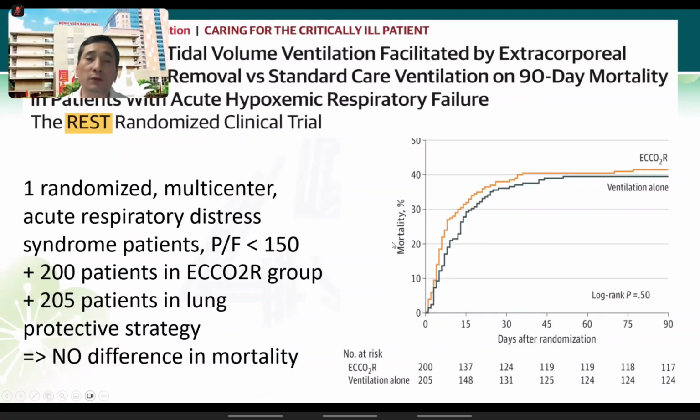But later on, they thought, okay, it's time to compare in a randomized controlled study. They compared 200 patients with ECCO2R and 205 patients with lung-protective strategy only, and there was no difference in mortality. But you should focus on this Kaplan-Meier curve. The upper part is ECCO2R, where mortality is even higher than ventilation alone.